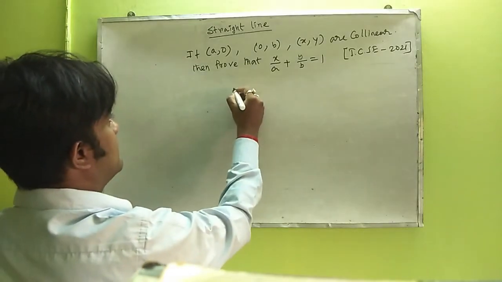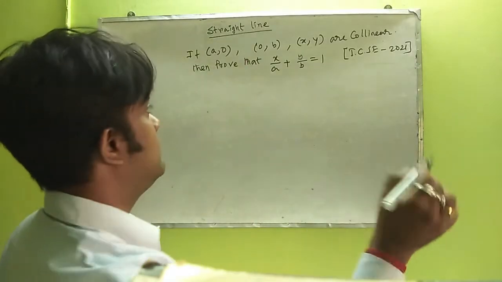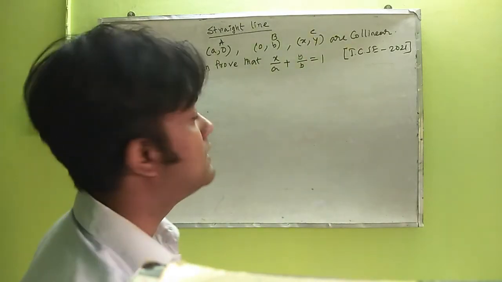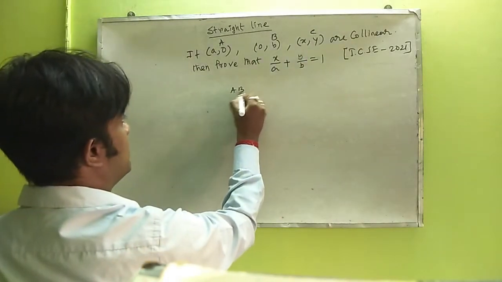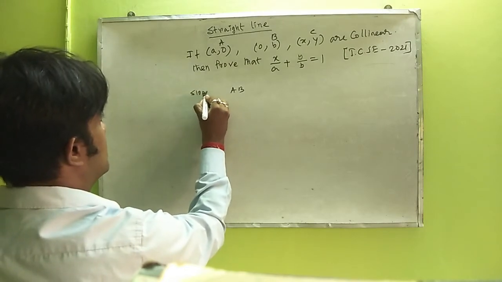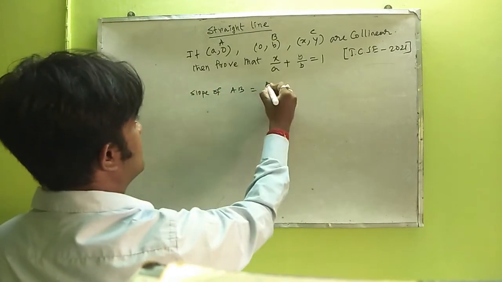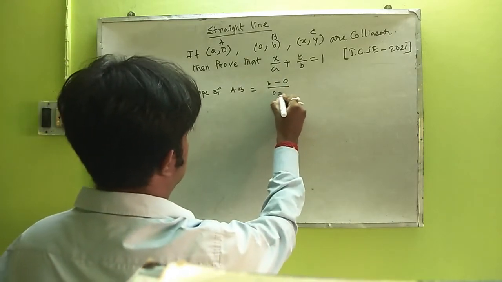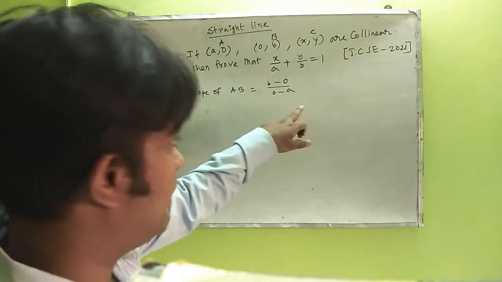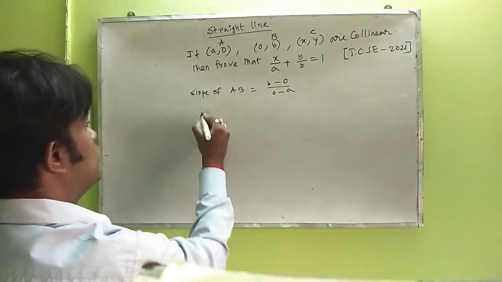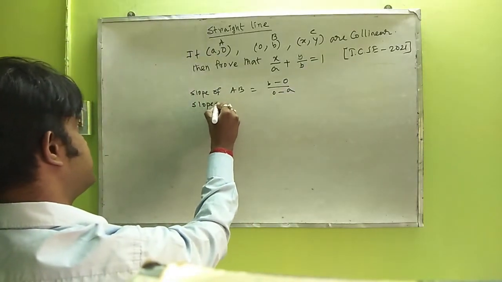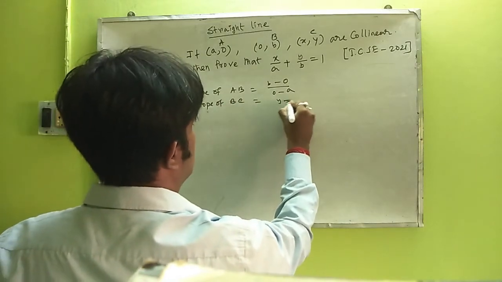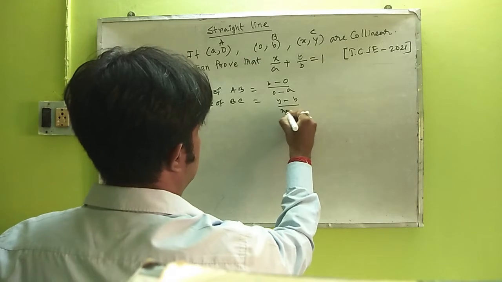Suppose in this sum we take these points as A, B, C. Now the slope of AB will be B minus 0 over 0 minus A, that is y2 minus y1 by x2 minus x1. Slope of BC will be y minus b over x minus 0.